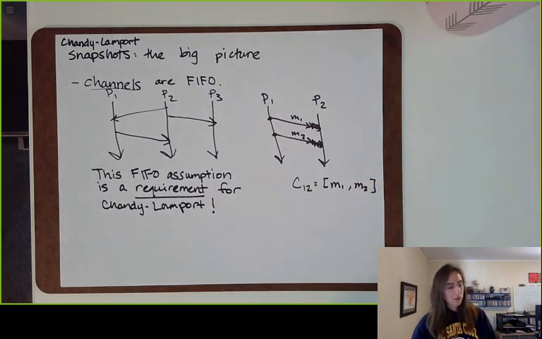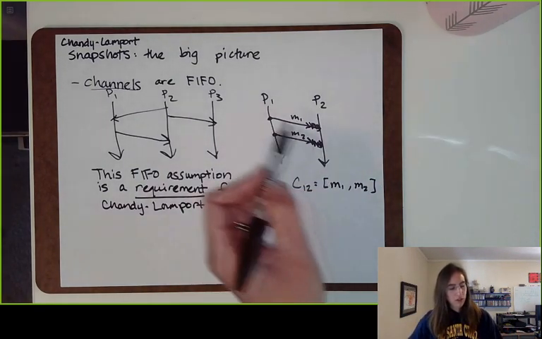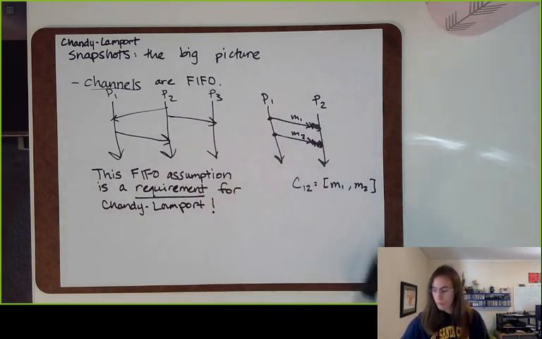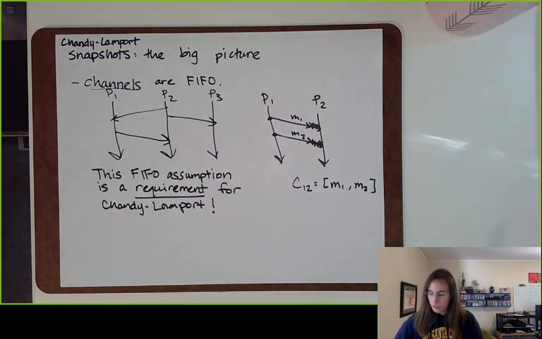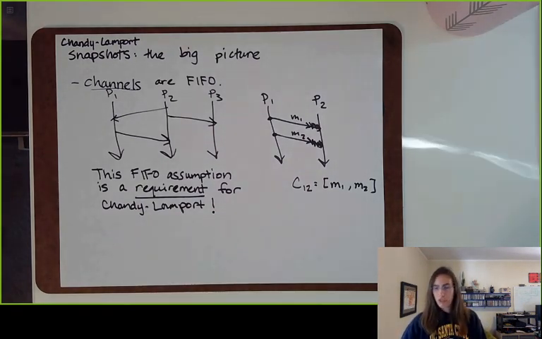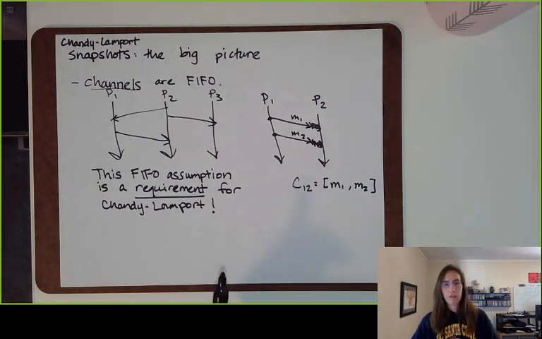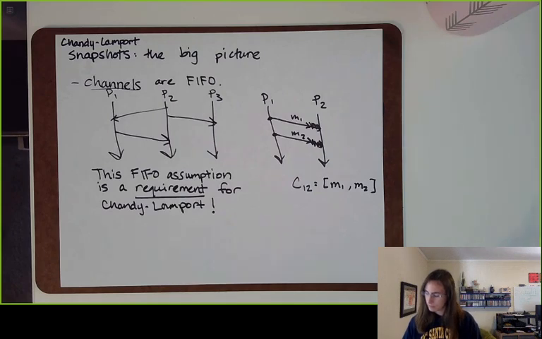So if you have a setting where FIFO anomalies can happen, where messages can be delivered out of FIFO order, you're not satisfying the prerequisites to run this algorithm. And there actually do exist snapshot algorithms that don't assume FIFO channels, but those algorithms have other drawbacks.